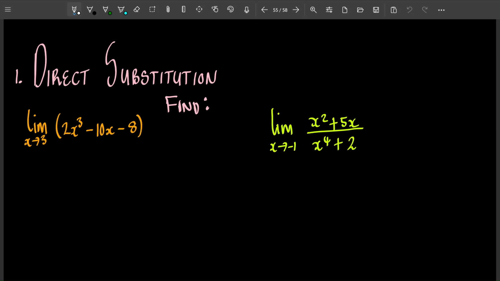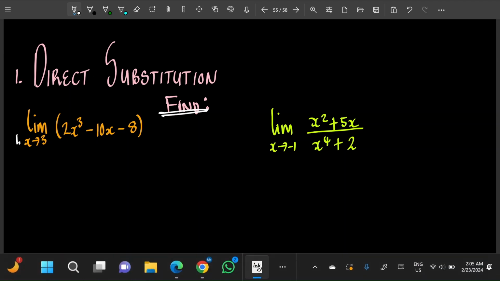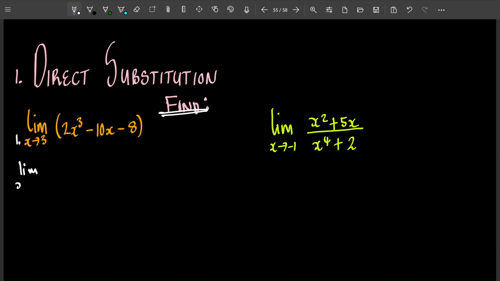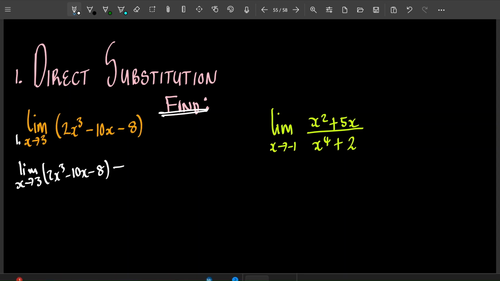Number 1, okay, the question is saying find what? The limit as x approaches 3 of this rational function: 2x cubed minus 10x minus 8. So if I were to write that, the limit as x approaches 3 of 2x cubed minus 10x minus 8. I'm going to first apply the limit laws.